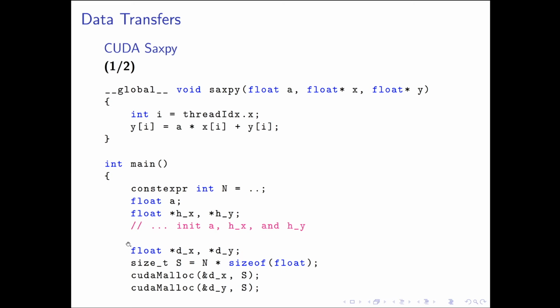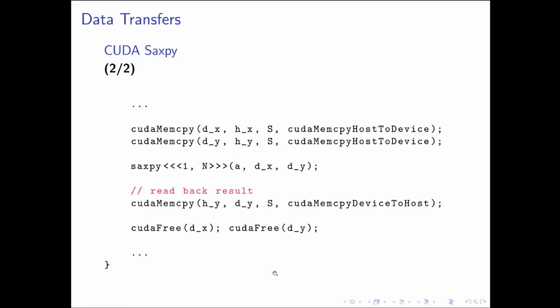And then I'm allocating device memory, like GPU DDR memory, using CUDA malloc. And then I am copying from the host side pointers to the device side pointers. And I'm using the CUDA memcopy host to device flag here to indicate that we're copying from the host to the device.